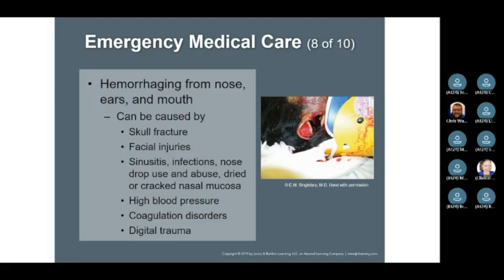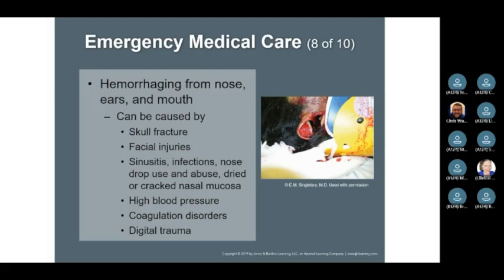Epistaxis or nosebleed is a common emergency. And just so everybody knows, yes, somebody can go into cardiac arrest and lose enough blood from a nosebleed to go into cardiac arrest. It can happen. Take even those seriously.